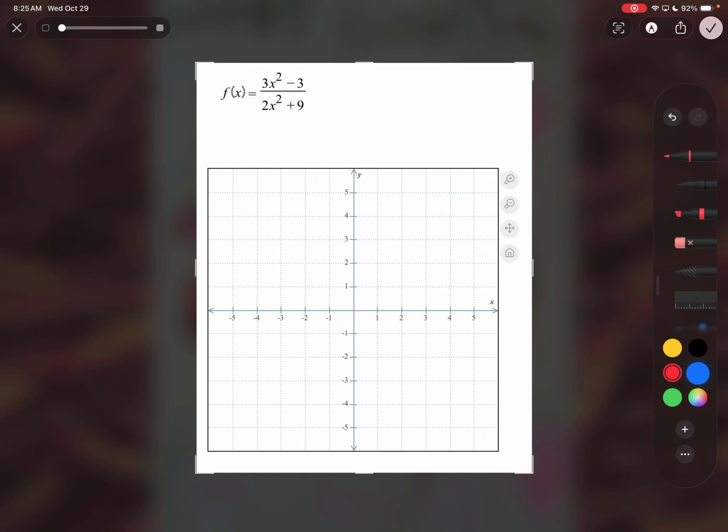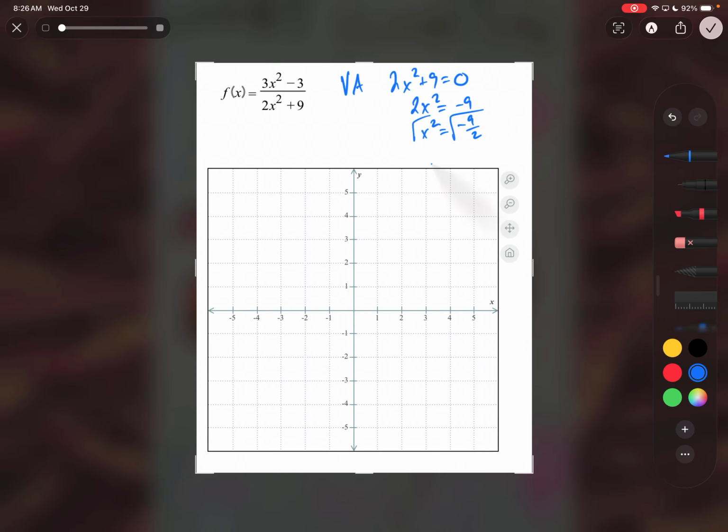All right. Yeah, that's fine. The vertical asymptote is 2x squared plus 9 equals 0. You set the denominator equals 0. When I subtract 9, then divide by 2, you get x squared equals that, and to solve that, you do the square root.